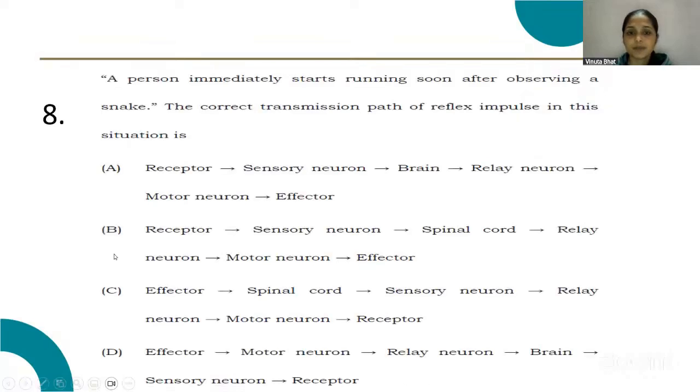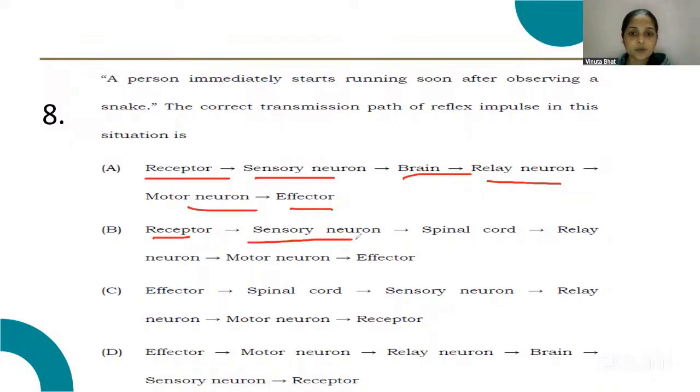Next question. A person immediately starts running soon after observing the snake. The correct transmission of path of impulse in the following situation is: option A, receptor, sensory neuron, brain, relay neuron, motor neuron, and the effector.